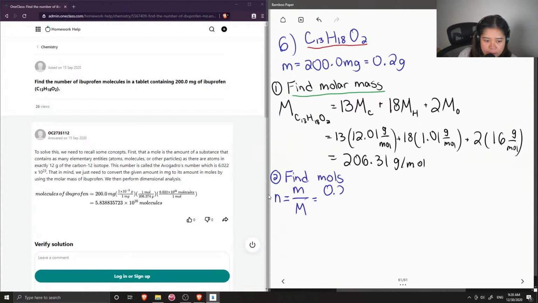So it's going to be 0.2 grams divided by 206.31 grams per mole. The grams will cancel out, and our number of moles is 9.69 times 10 to the negative 4.